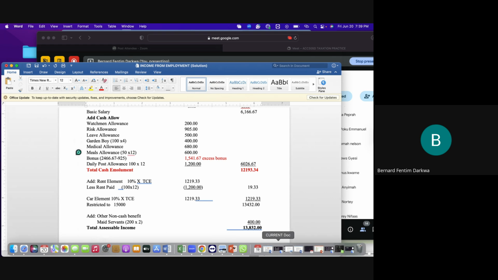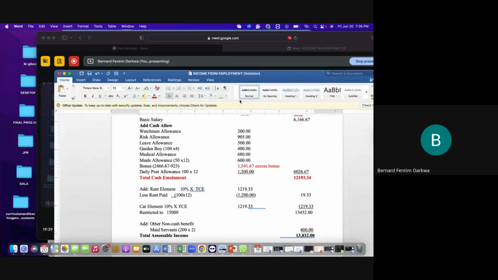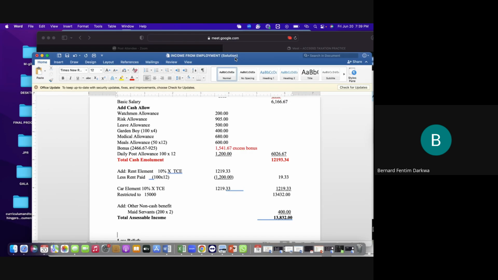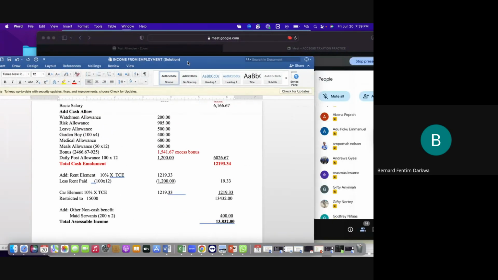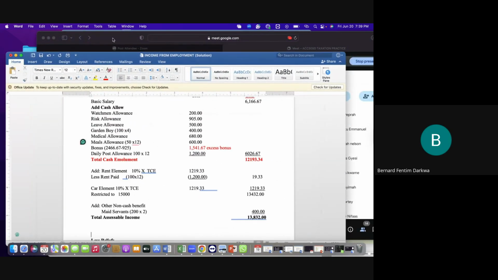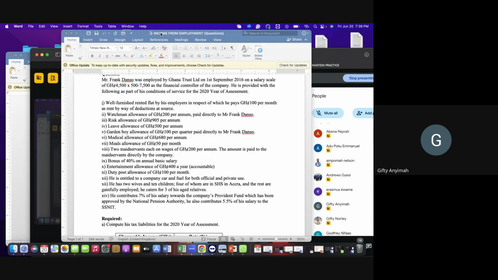Yes, who is trying? He has 2 wives. You take them one by one. He has 2 wives, so how are we going to treat it?